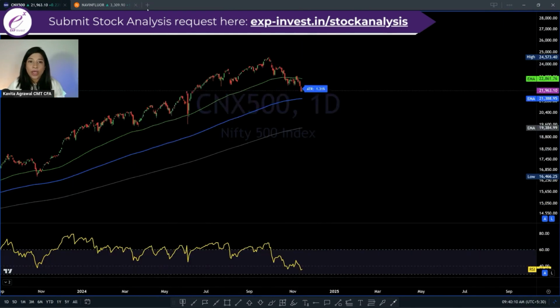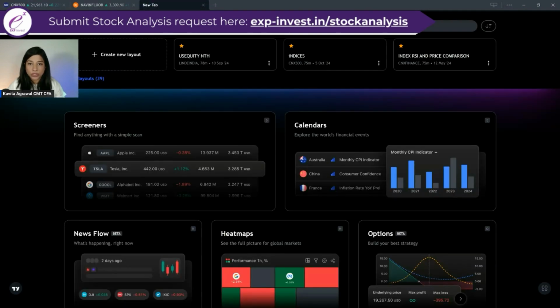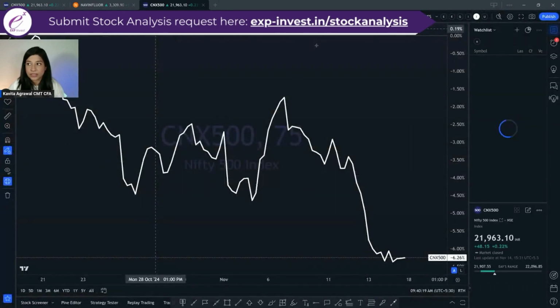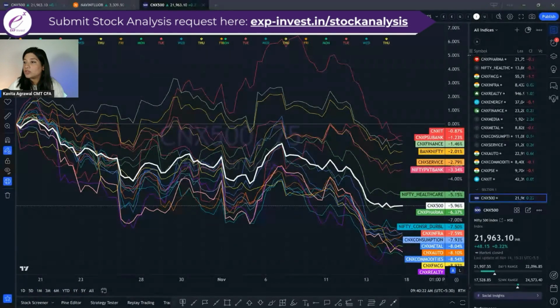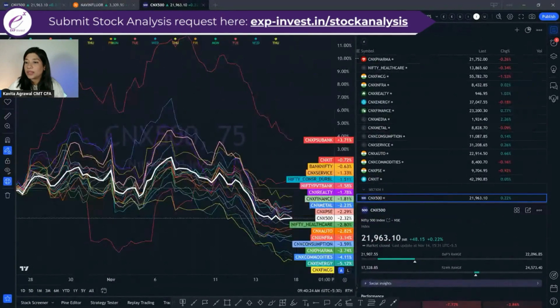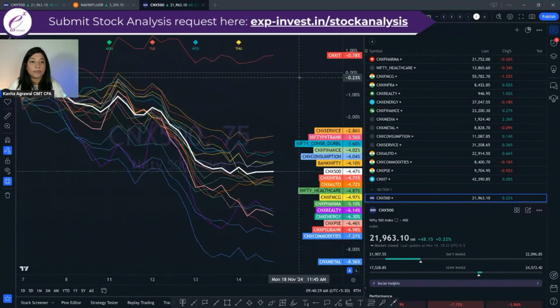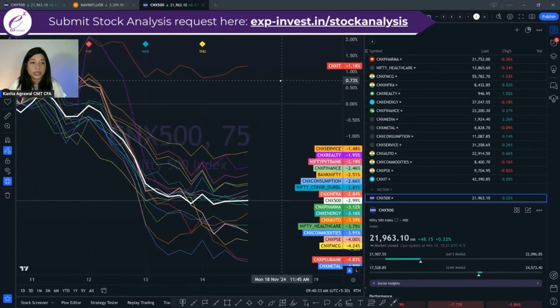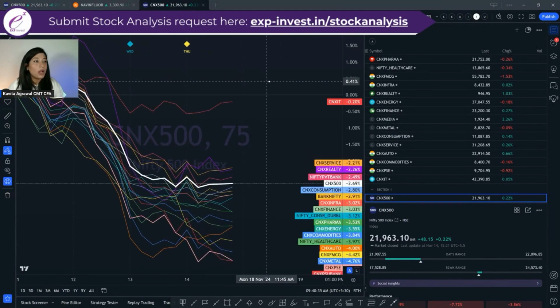All right. Now I also want to show you the momentum of these indices. We want to discuss that. So I'm just going to stretch this in until there. From Friday closing onwards, how have all the sectors performed?